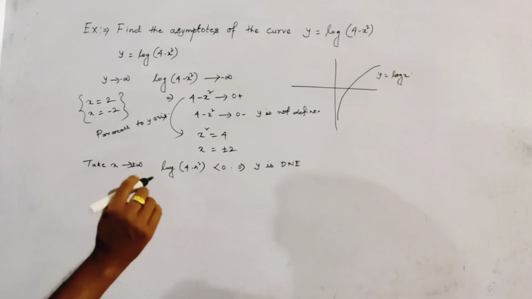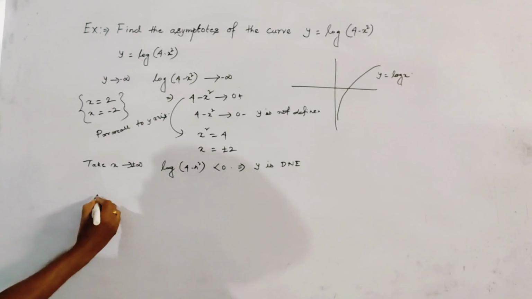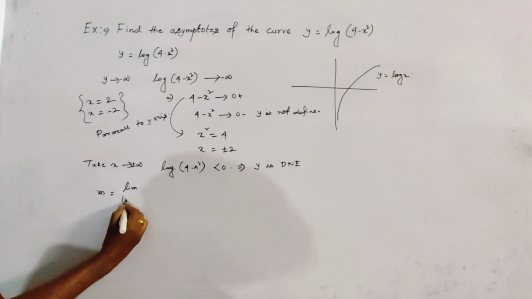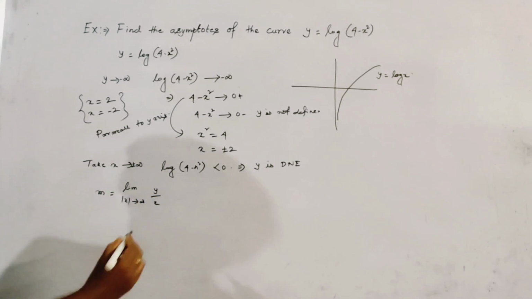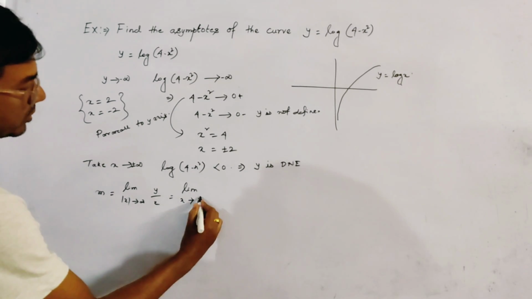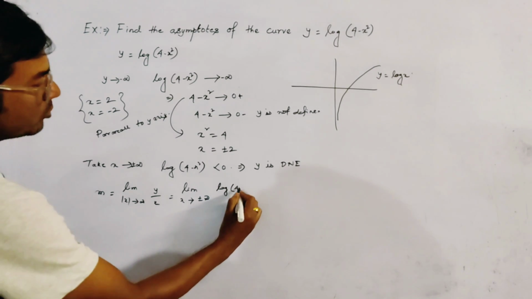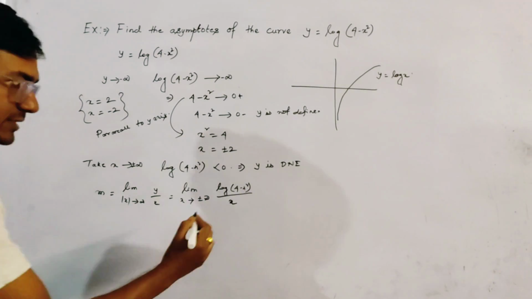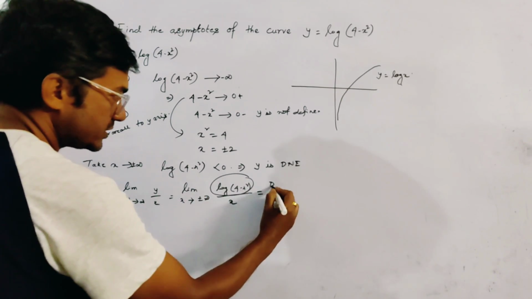Now we are trying to find the oblique asymptotes. For an oblique asymptote, we have to find m first. This is the limit as mod x tends to infinity of y by x, which is the limit as x tends to plus minus infinity of log of 4 minus x square by x, and it is clear that the upper portion of this limit does not exist.